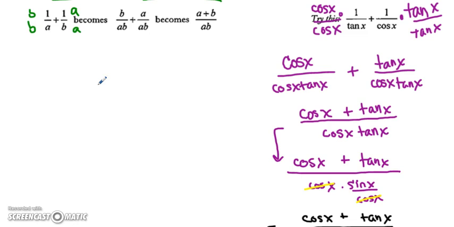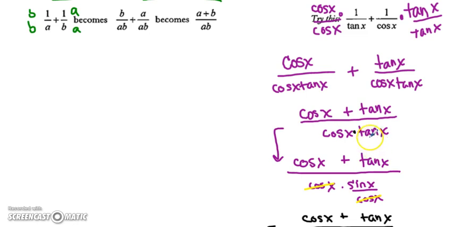All right, welcome back. So I multiplied by cosine on the left side and tangent on the right fraction. So I get cosine over cosine tangent, and I get tangent over cosine tangent. So then the 2 are in the numerator together, cosine plus tangent over cosine times tangent. Now, this actually simplifies quite a bit. I'm just going to show you one way that this could be slightly simplified.